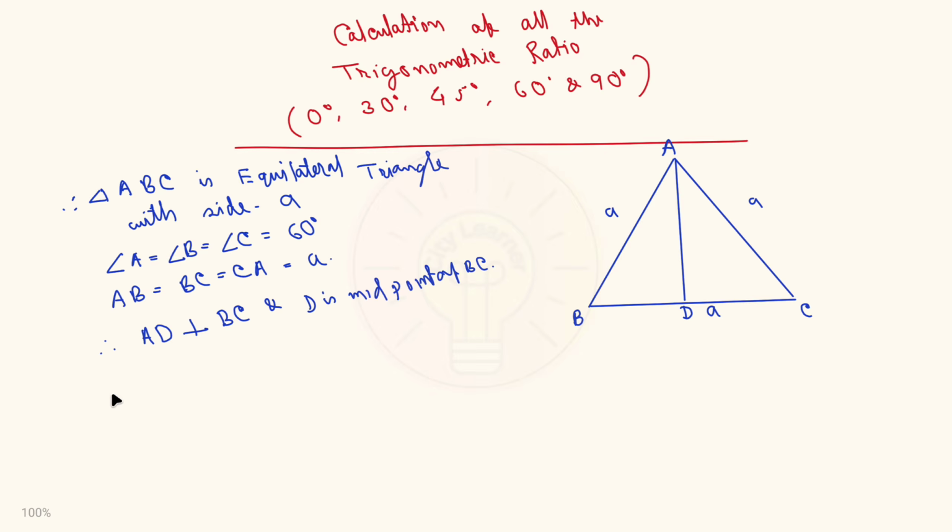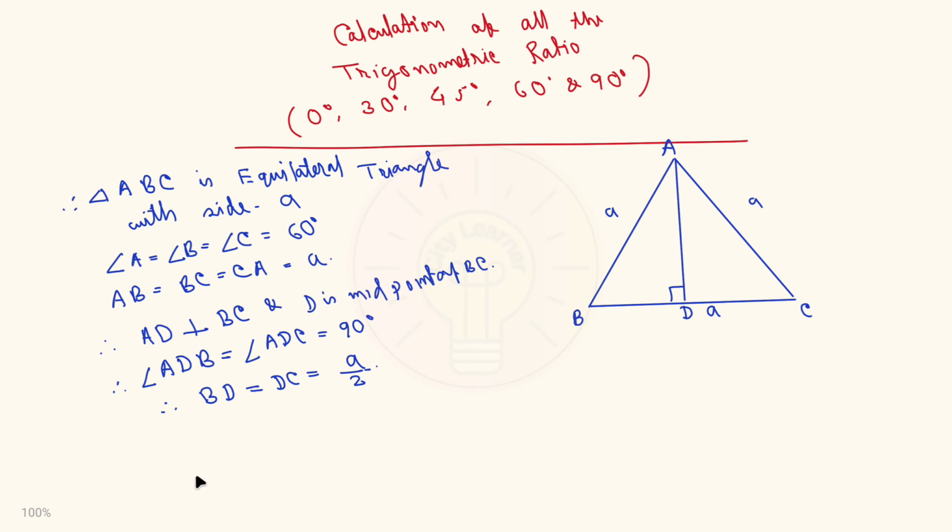So AD is perpendicular on BC, and angle ADB is equal to angle ADC is equal to 90 degree. Both the angles will be 90 degree, and BD is equal to DC is equal to A by 2, as D is the midpoint of BC.